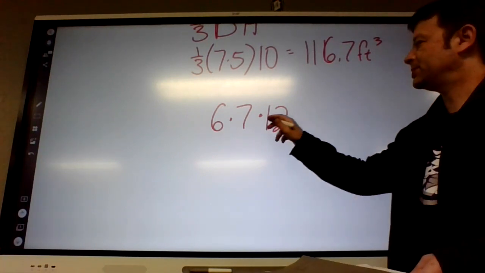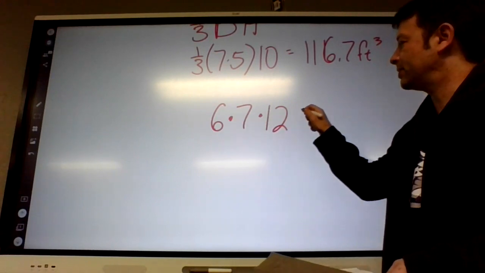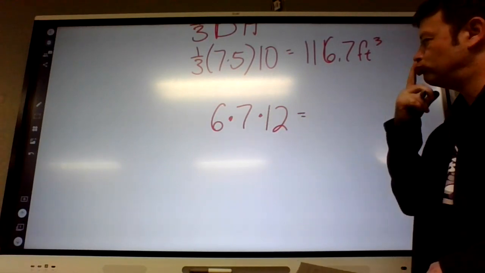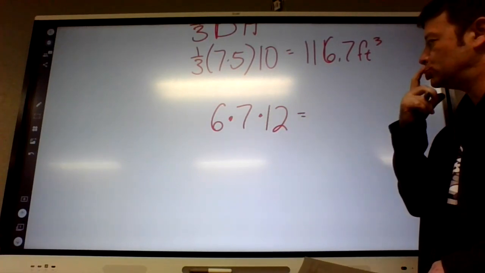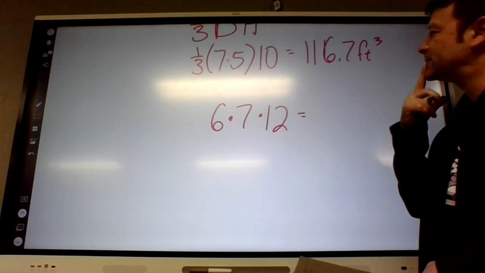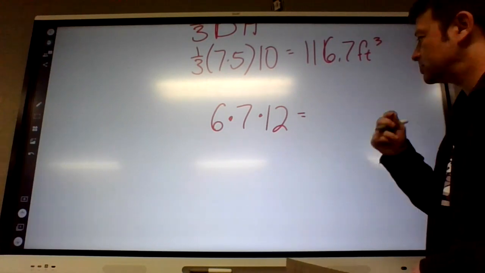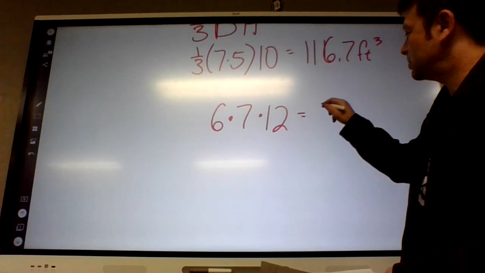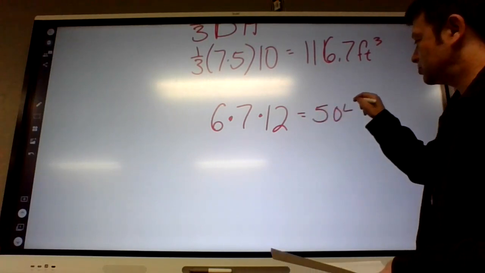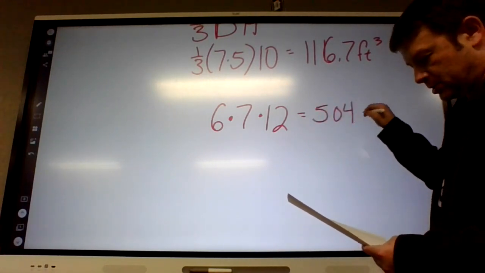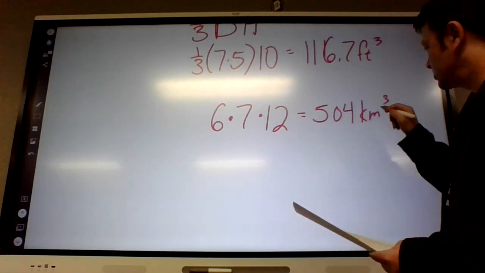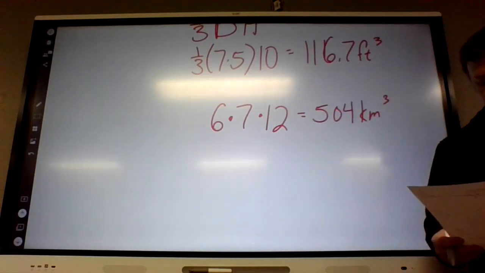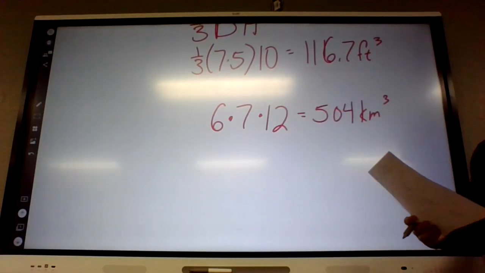Just the 3 dimensions multiplied together. 42, 420 plus 84, 504 kilometers cubed.